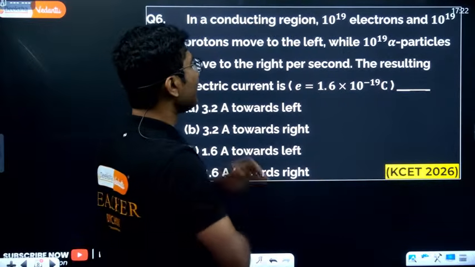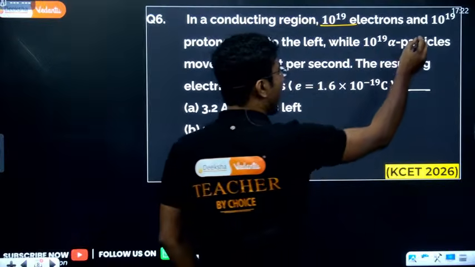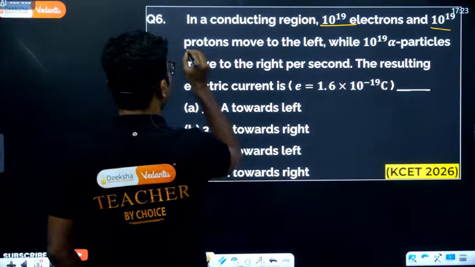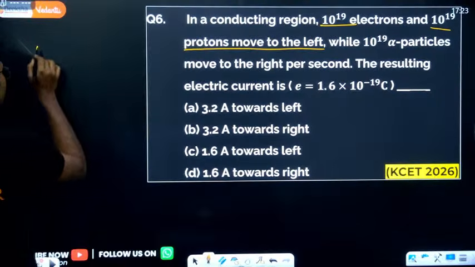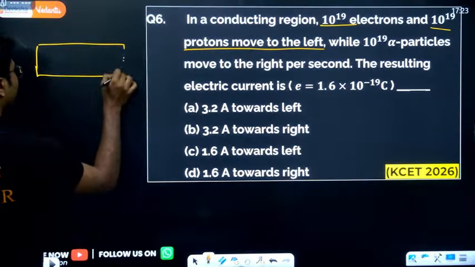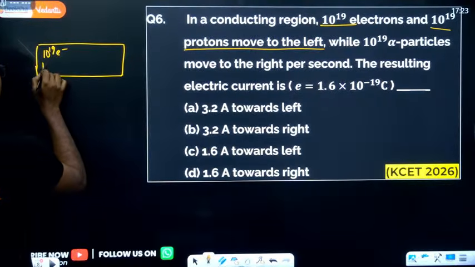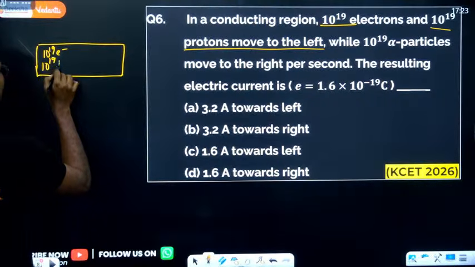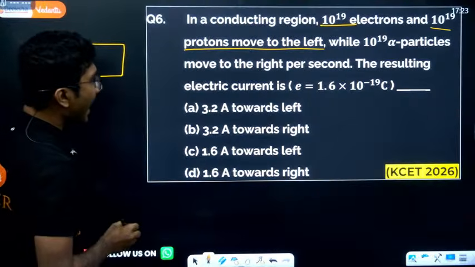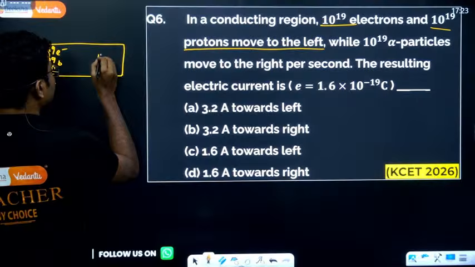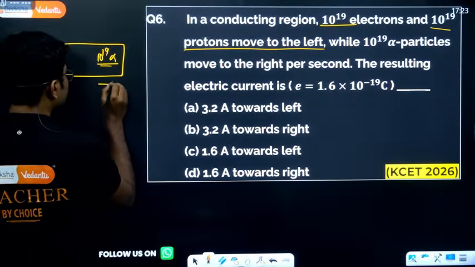Very interesting question. So here we have 10 to the power 19 electrons and 10 to the power 19 protons moving to the left. Suppose this is a conductor. They are moving towards the left, and 10 to the power 19 alpha particles are moving towards the right.